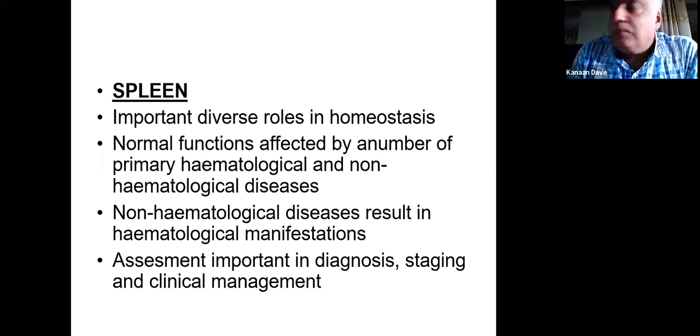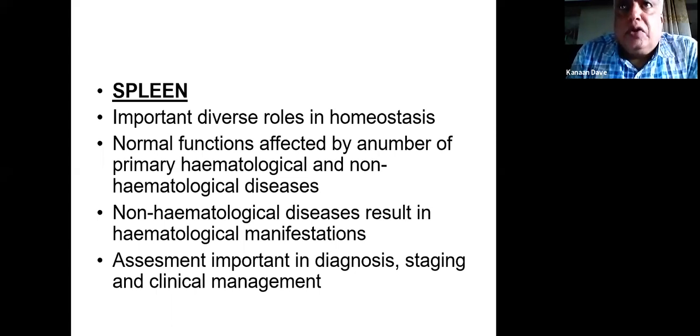Splenomegaly is an important clinical manifestation of many hematological disorders, especially the myeloproliferative and lymphoproliferative disorders. But there are other non-hematological conditions which present with splenic enlargement.